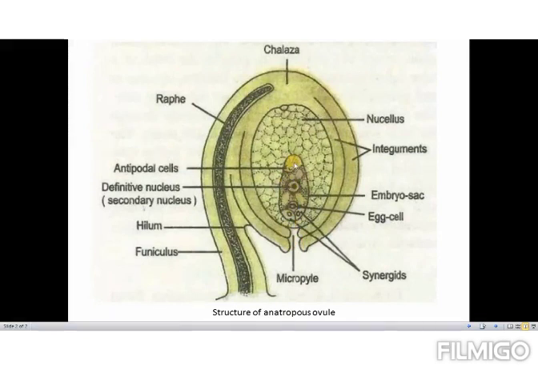And the middle one is called the embryo sac. In a mature ovule, the nucellus shows the presence of an oval-shaped haploid structure at the micropylar end. This is called the embryo sac or the female gametophyte.